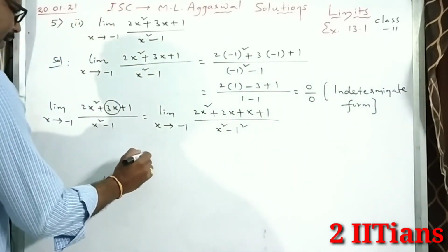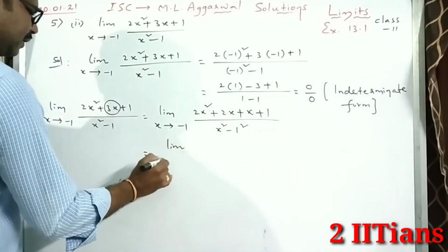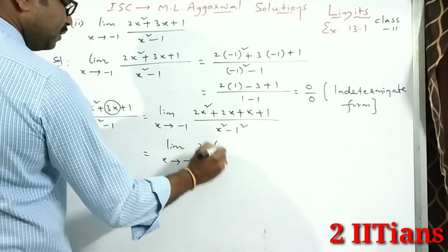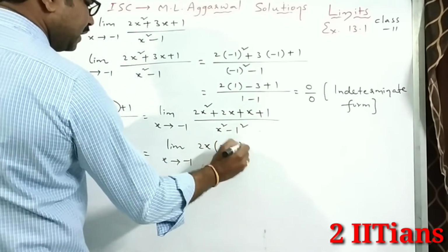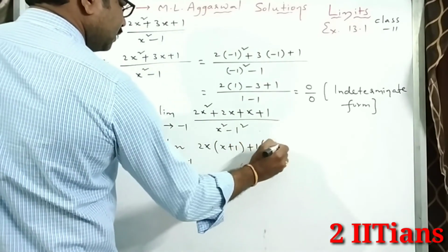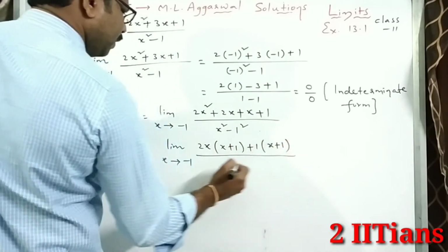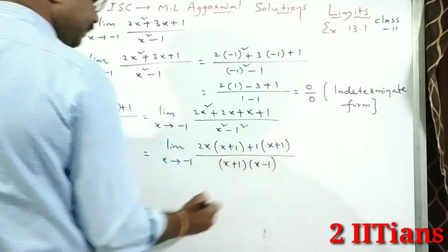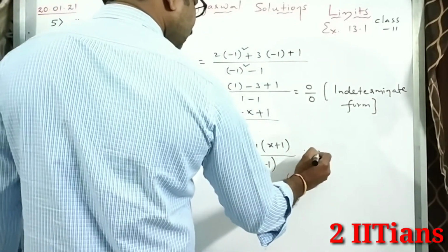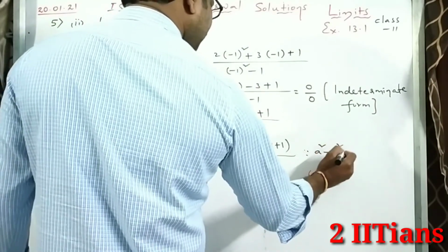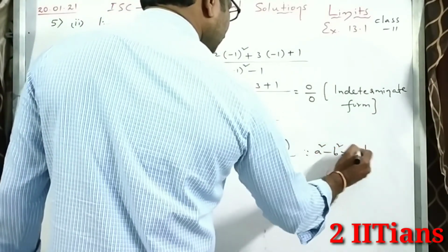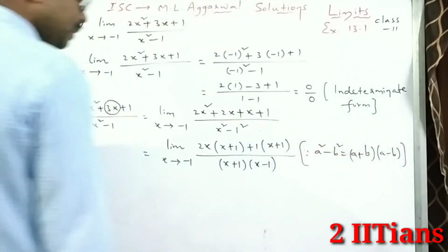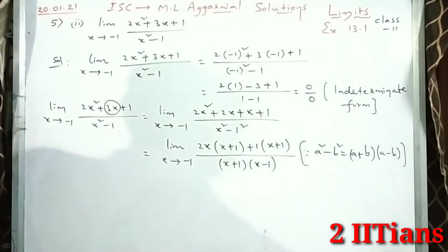Now I am taking the limit x tends to minus 1. Take 2x common, so x plus 1 is common, upon x plus 1 into x minus 1. What formula did I use here? a square minus b square equals a plus b into a minus b. Hope it is clear.